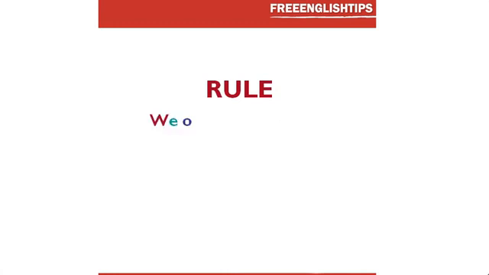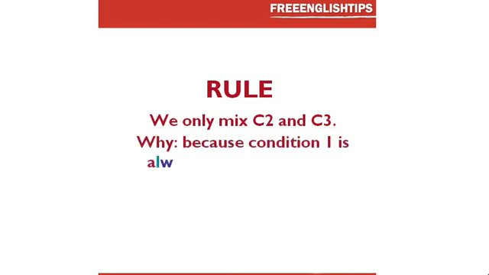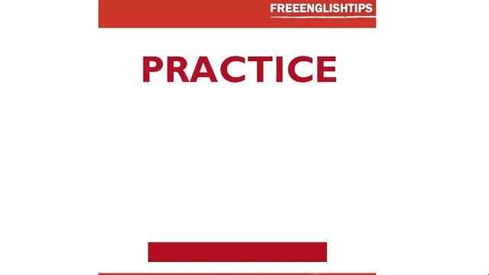What's the rule? Well, the rule is we only ever mix condition 2 and condition 3, or condition 3 and condition 2. Why? Because condition 1 is always about real events, whereas condition 2 and condition 3 are hypothetical and unreal situations. Let's do some practice.